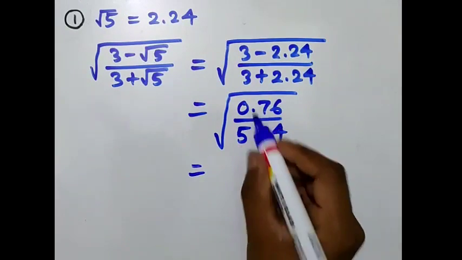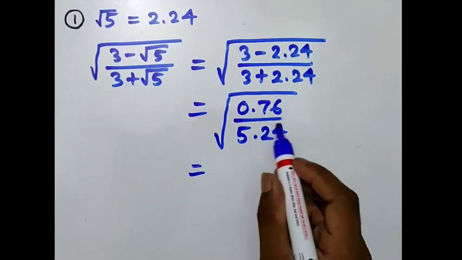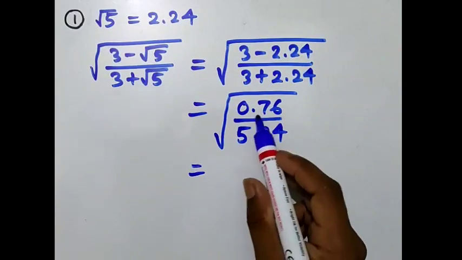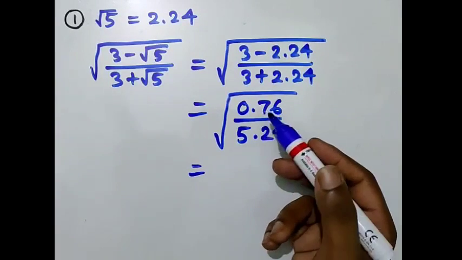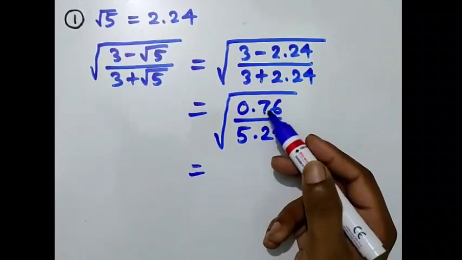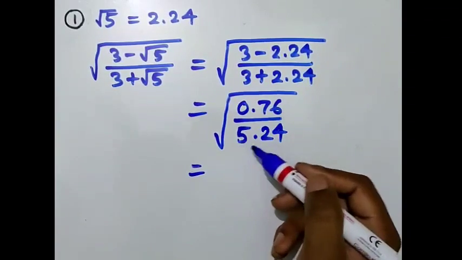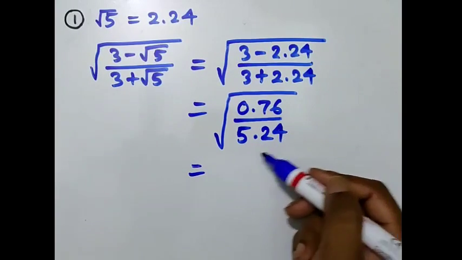Now let's try to remove the decimal. Here we have 2 decimal places in the numerator and 2 decimal places in the denominator. So the decimal places will get cancelled. Simply, if I change the decimal number 0.76 into a fractional number, it will become 76 by 100. And for the denominator, 5.24 will become 524 by 100.